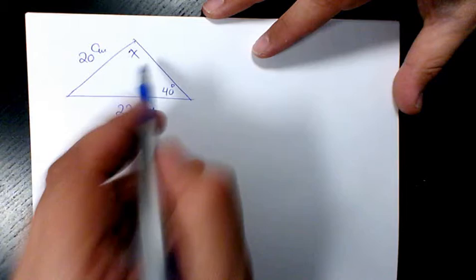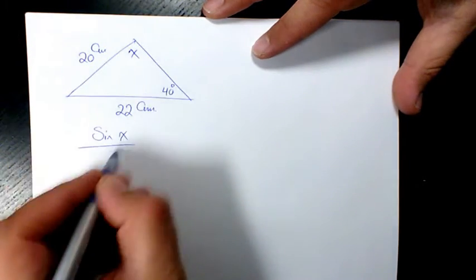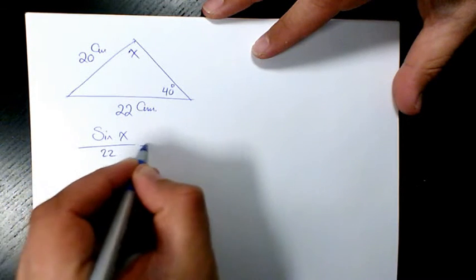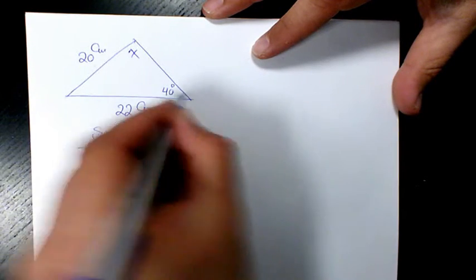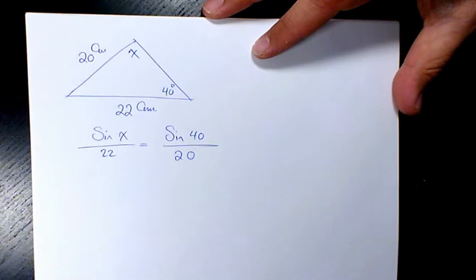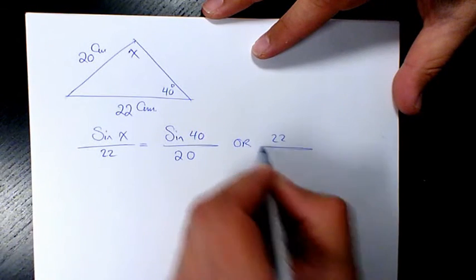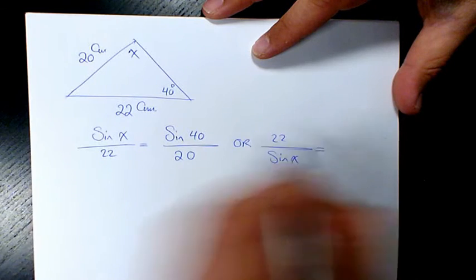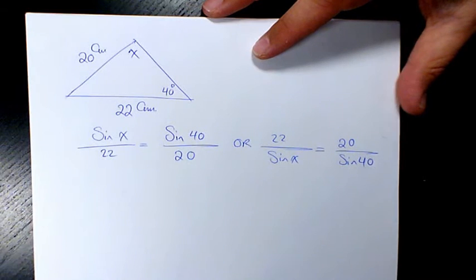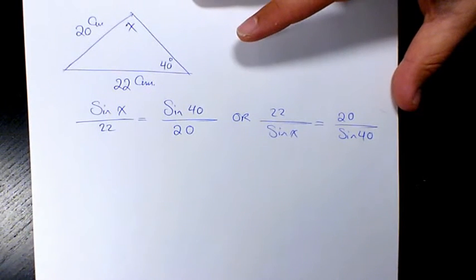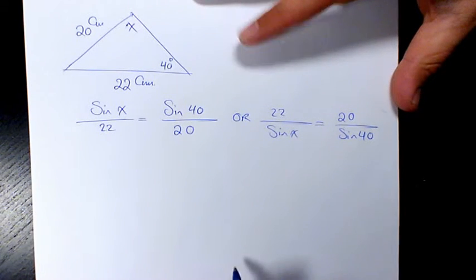So I can say sine X over the opposite side 22 equals sine 40 degrees over 20. Or basically you can say 22 over sine X equals 20 over sine 40. Both of them are completely correct, but you need to write only one of them. I just wanted to show you that you can use either way.